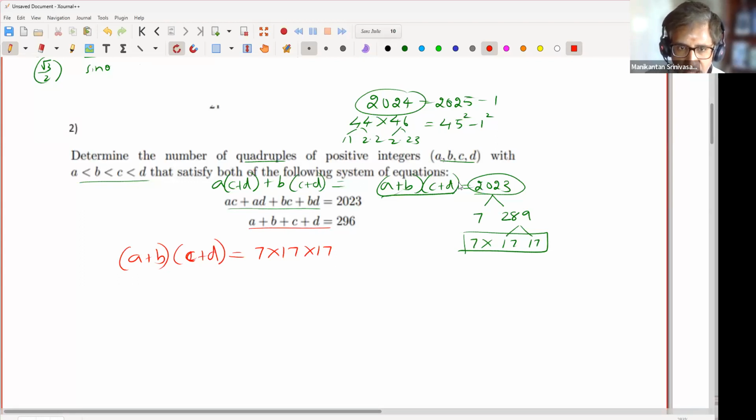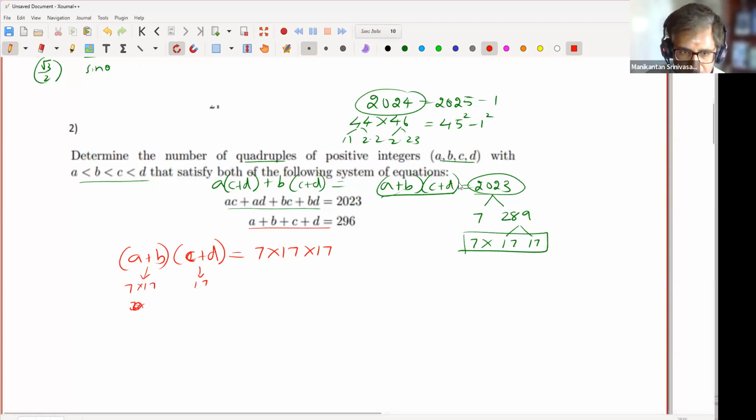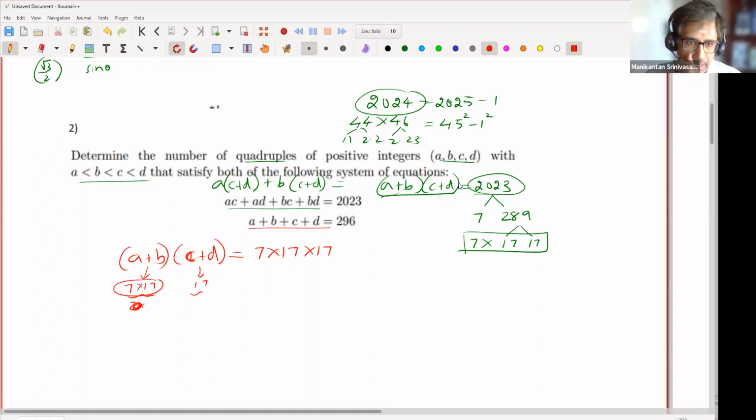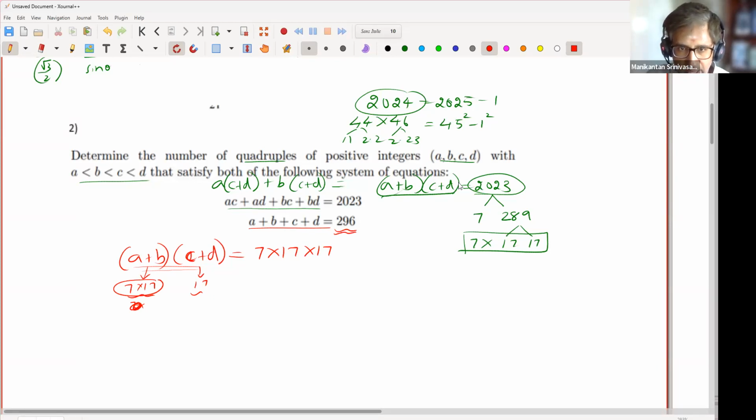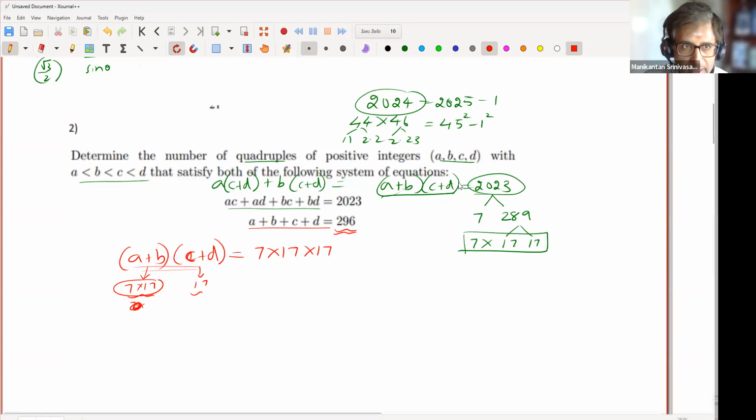If I put 7 into 17 here and a 17 there, or 7 into 1 here, then I get only a small number. 7 into 17 as A plus B means A and B should individually be less than 7 into 17, which is 119. So there's no way that A plus B plus C plus D will add up to a big number like 296. So the only possible way is one of them is 289.